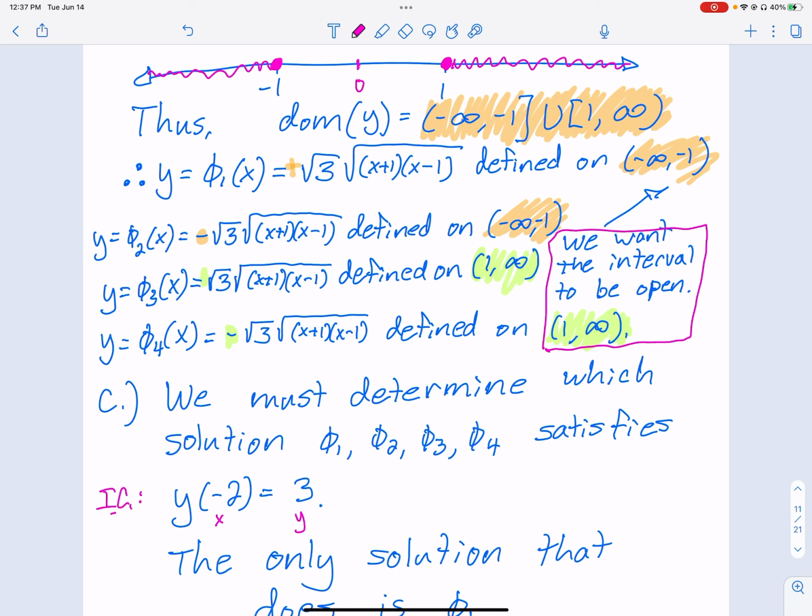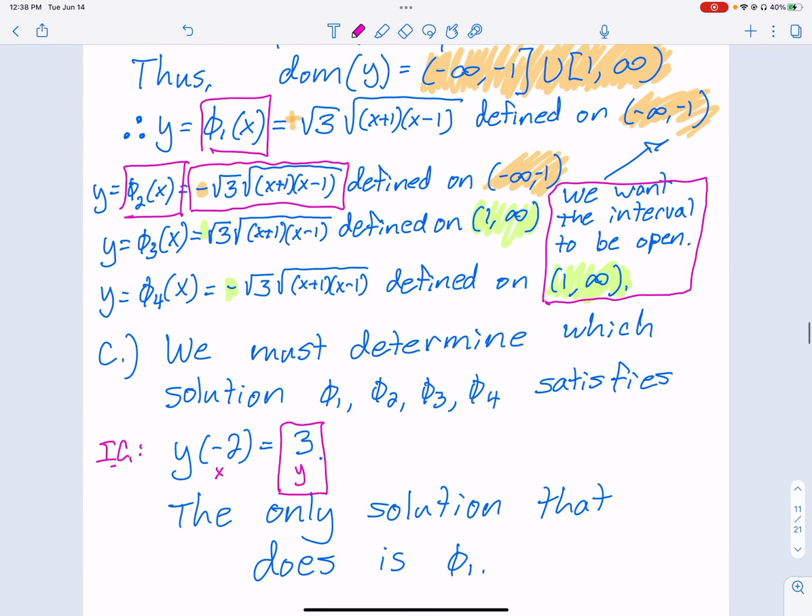Okay, well, I have 2 different possibilities. This one has -2, and this one has -2. So now I just have to determine, is it the positive one or is it the negative one? Well, my answer, the y, comes out as a +3. Well, these will be negative every single time, right? We do all the square roots and then we'd have a negative. So it tells me that it has to be phi sub 1.